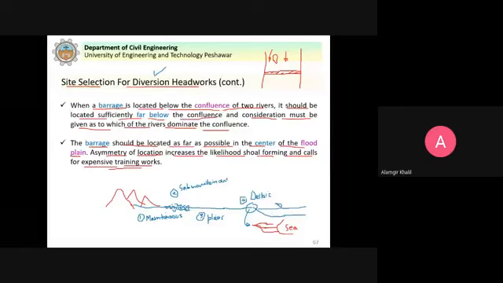So again at this stage it is not appropriate to construct the diversion headworks here. So that is why in the submountainous region or the plains, they are best suitable for construction of diversion headworks. You can find the detail about this from the irrigation books by Punmia.